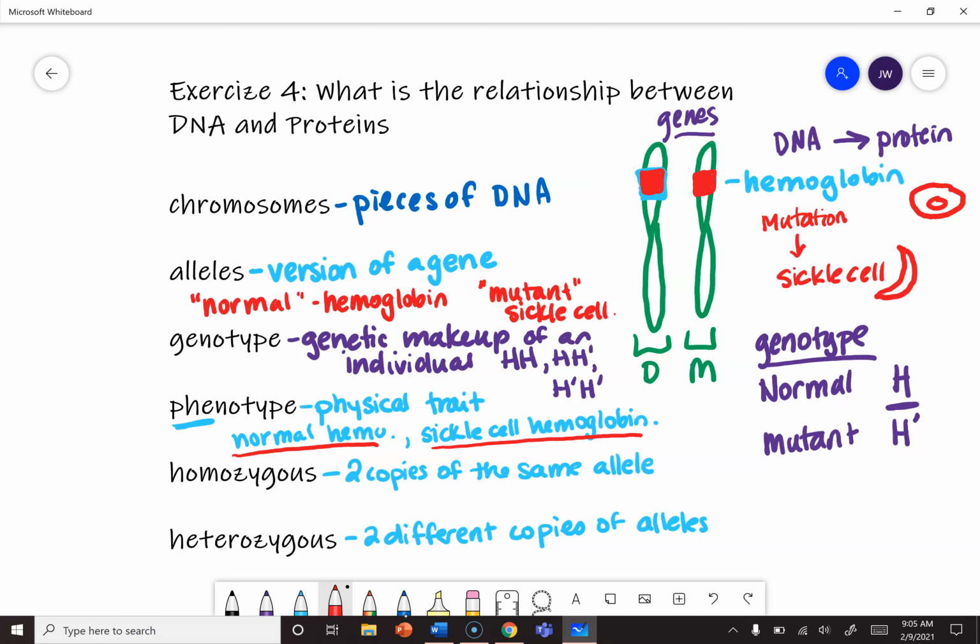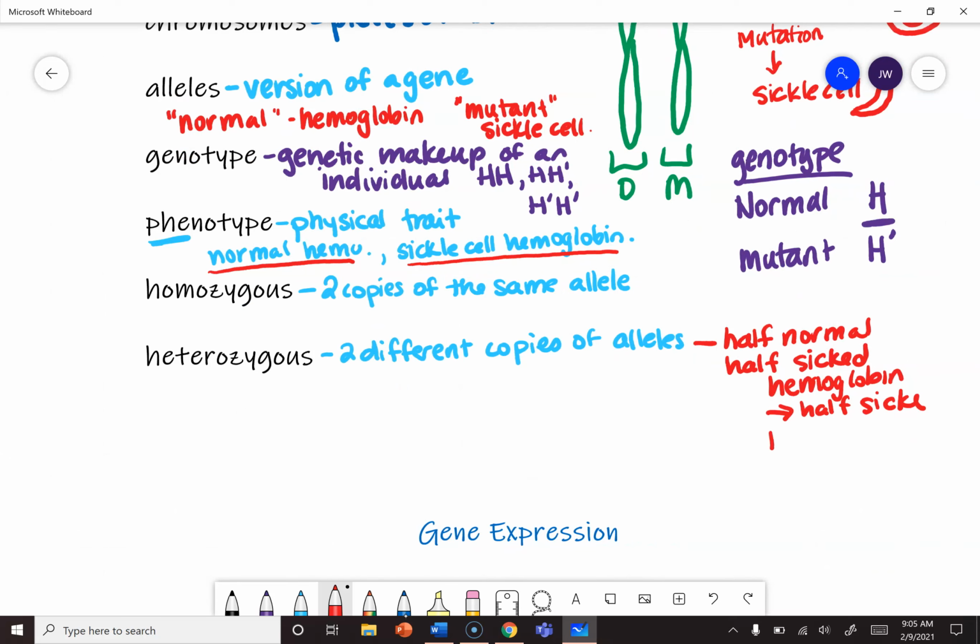But if you are heterozygous for sickle cell, you are going to have half normal, half sickled hemoglobin, so half sickle blood cells.